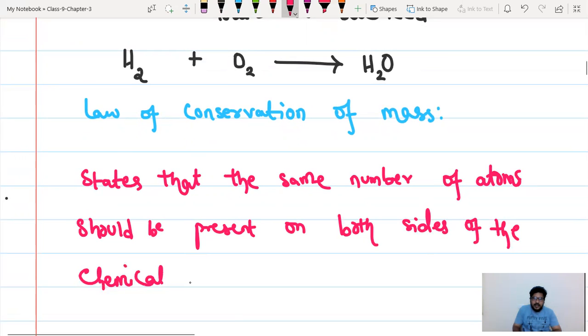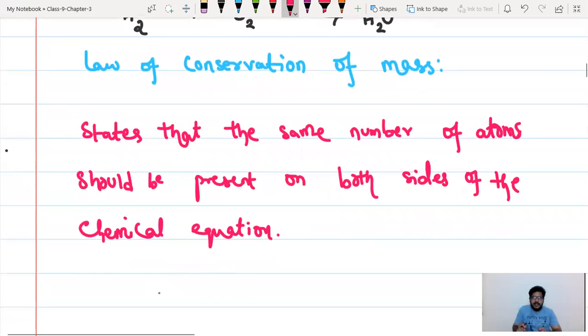So try to understand that sentence. Law of conservation of mass states that same number of atoms should be present on both sides of the chemical equation, and if there is same number of atoms, then we can call that equation satisfied law of conservation of mass, and any equation, if it is satisfying law of conservation of mass, then that equation is balanced.